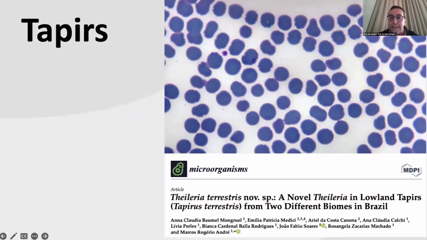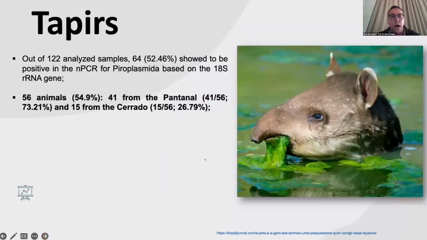And we detected in blood smears from the lowland tapirs a Theileria species, as you can see here, that was smaller than Theileria equi from horses. We found a molecular prevalence of more than 50% positive for piroplasmids in tapirs from the state of Mato Grosso do Sul.